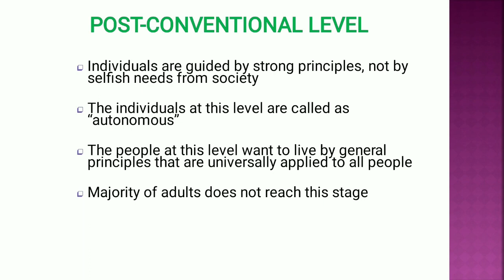The people at this level want to live by general principles that are universally applied to all people. The majority of adults do not reach this stage because we generally care about the people and community around us and sacrifice our wellness for others.